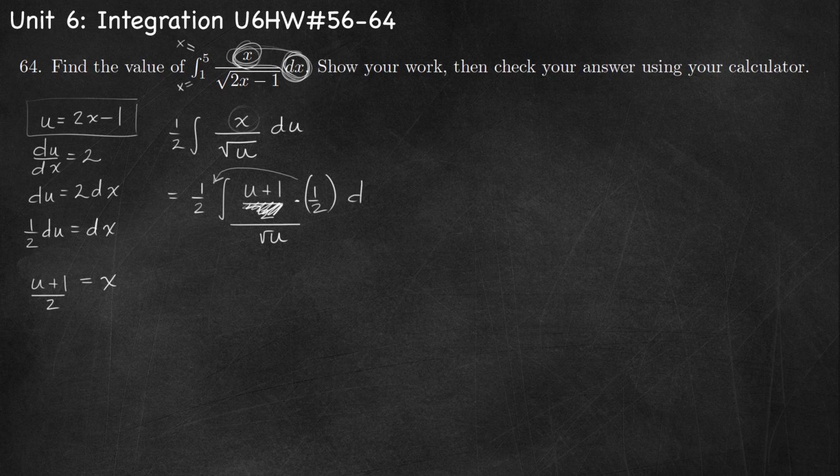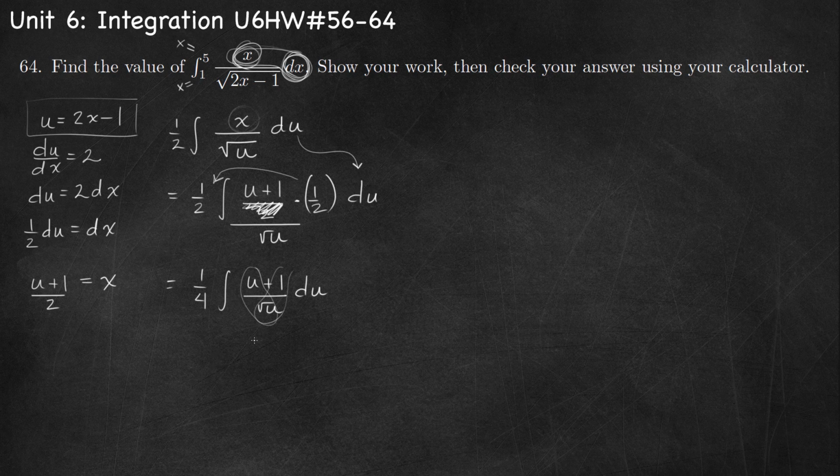And let me not forget my du at the end here. That comes down. So my 1/2 comes out. I have 1 over 4 on the outside. And now I just have u plus 1 over the square root of u on the inside times du. And I want to split this into 2 separate fractions, like so.